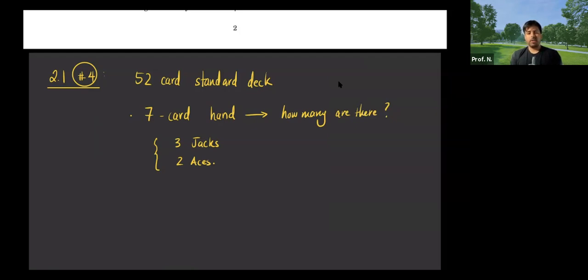So the seven card hand, the only requirement for the seven card hand is having three jacks and two aces. So that consists of only how many cards? Five. So the other two cards that I have in this seven card hand could be anything other than jack or ace.